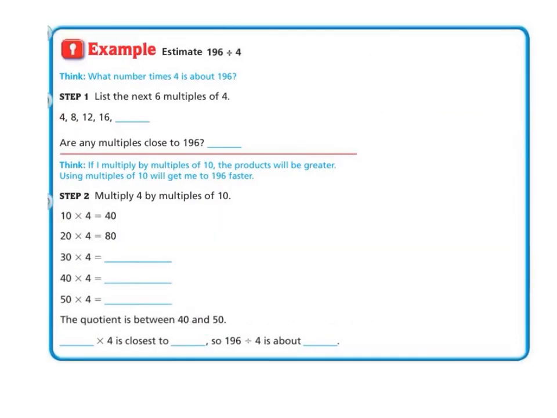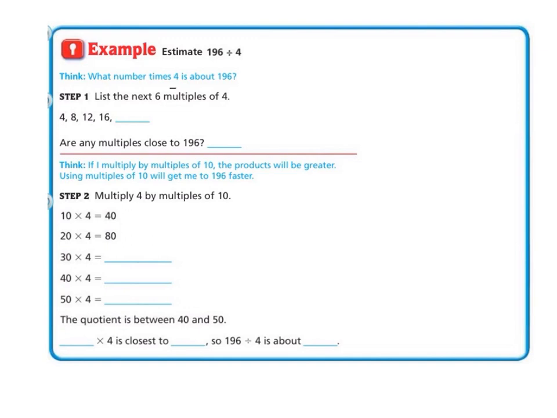Alright, let's use multiples again to estimate division. This time we're going to divide 196 by 4. It says, think what number times 4 is about 196. The first thing we're going to do is list our multiples of 4 to see how close we can get.